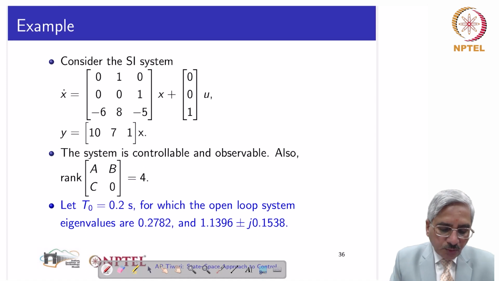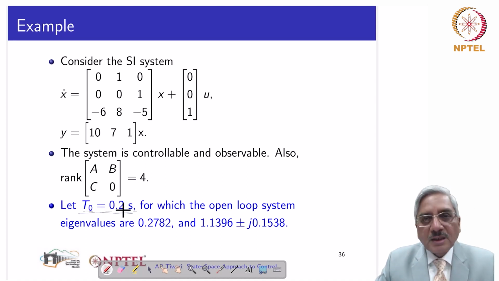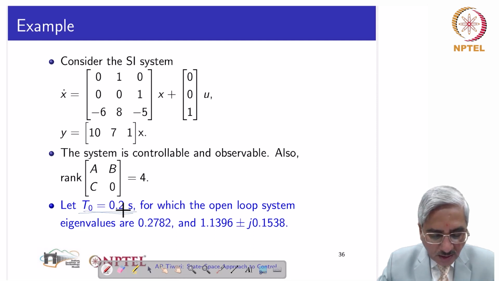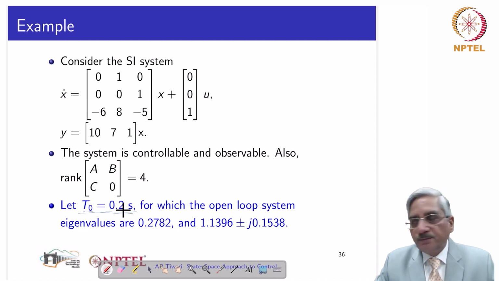So we choose T0. Of course, in practical systems there will be considerations, but here in this example we arbitrarily choose T0 equal to 0.2. Essentially, we should have enough samples which bring out the essential characteristics of the system.